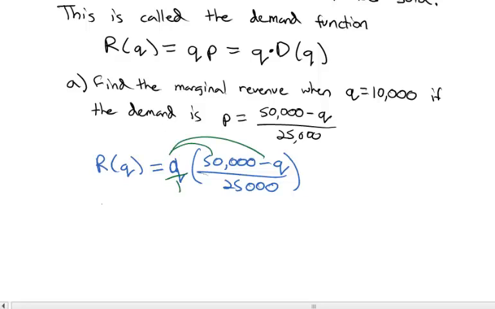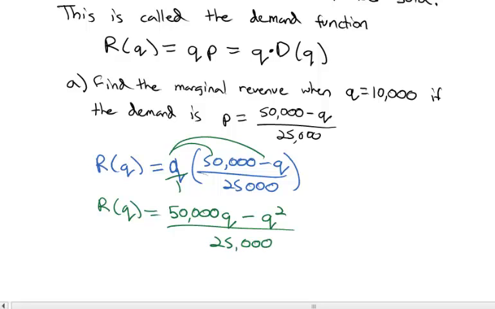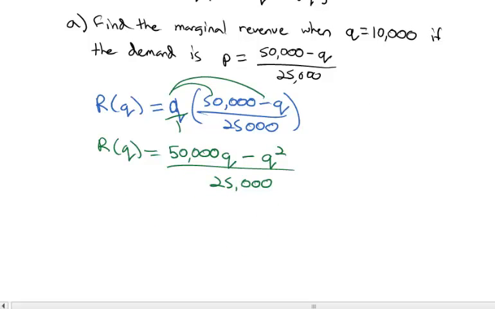We're going to distribute the Q into the numerator so that R of Q is equal to 50,000 Q minus Q squared all over 25,000. Let's divide the 25,000 by both parts, splitting up into fractions. So we have R of Q is equal to 50,000 over 25,000. 50 over 25 reduces to 2, Q, minus 1 over 25,000, Q squared.